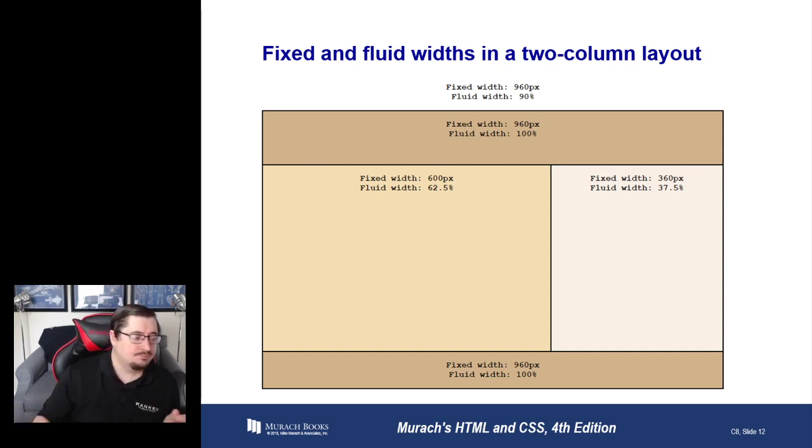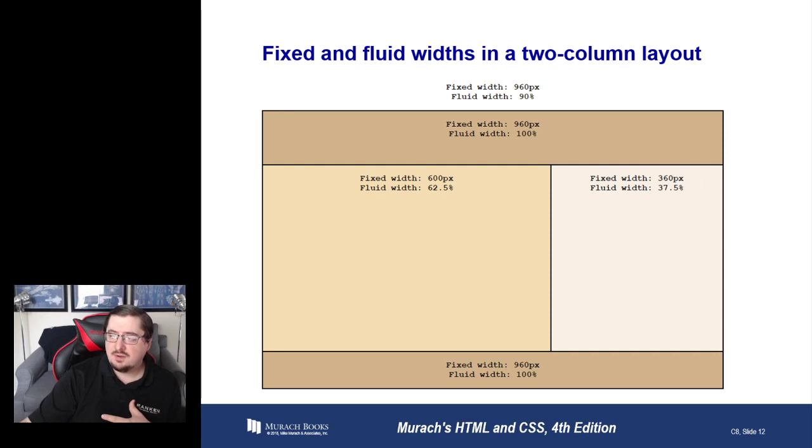Now, note that when I'm specifying 100% here, that's not 100% of the viewport. It's 100% of the container that it's in. So we've already defined the body as being 90% of the width of the viewport. So effectively, by setting this to 100%, we're kind of multiplying those two things together.